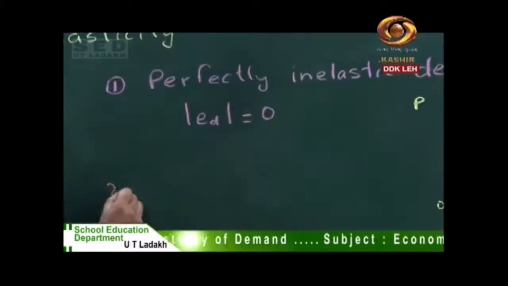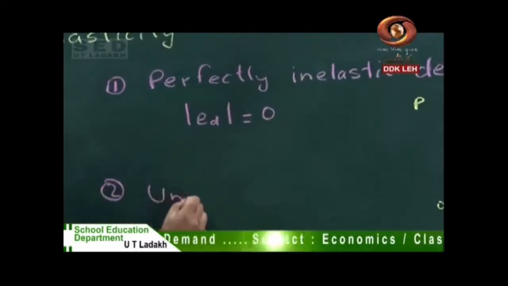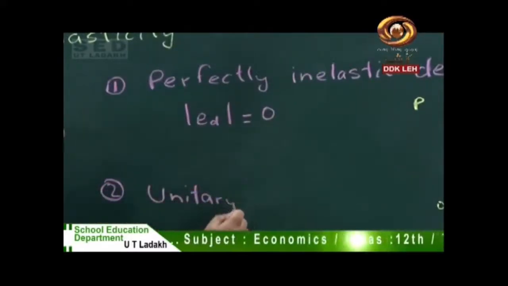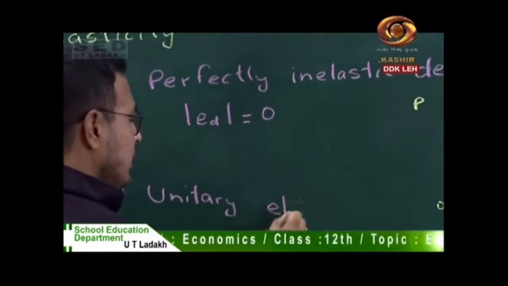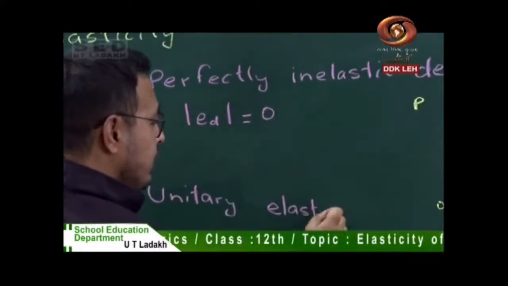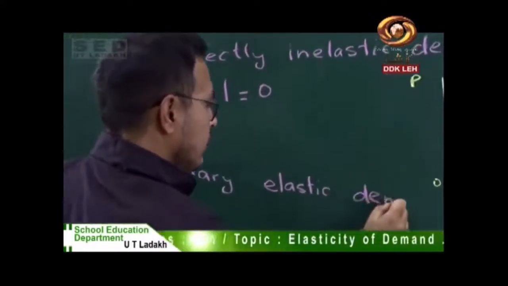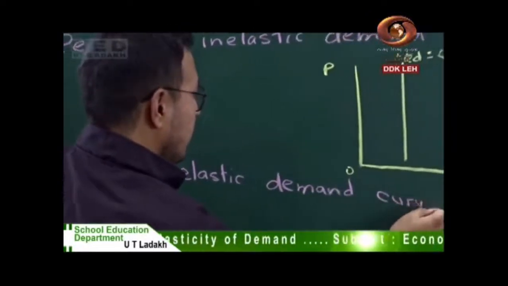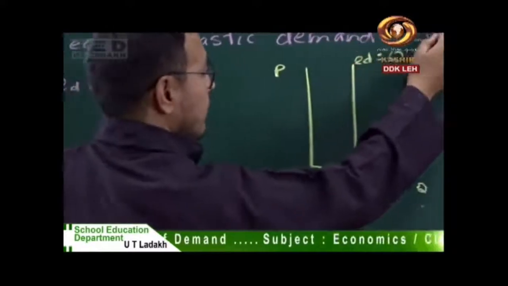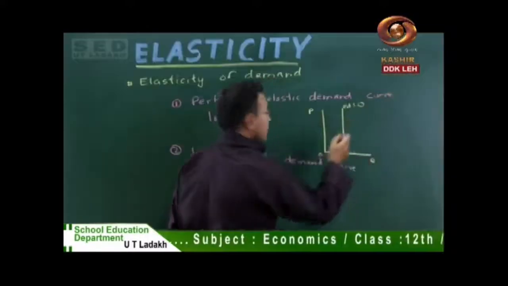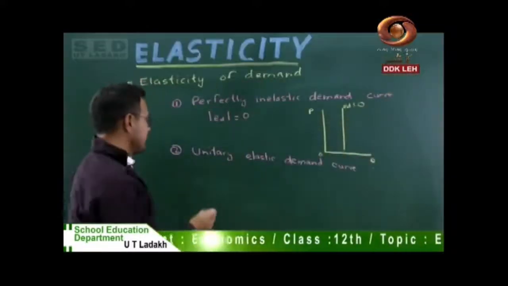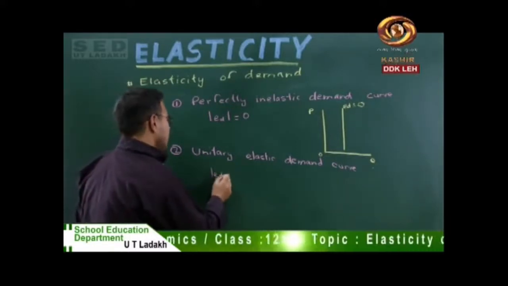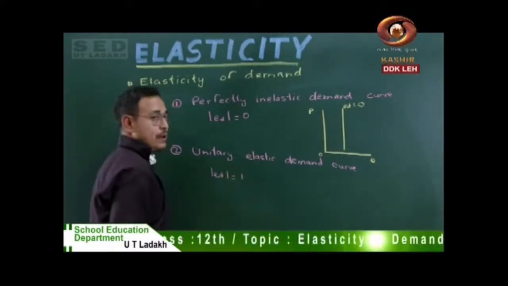The second is your unitary elastic demand curve. So here also you can write curve. This simply means that your ED is equal to 1.